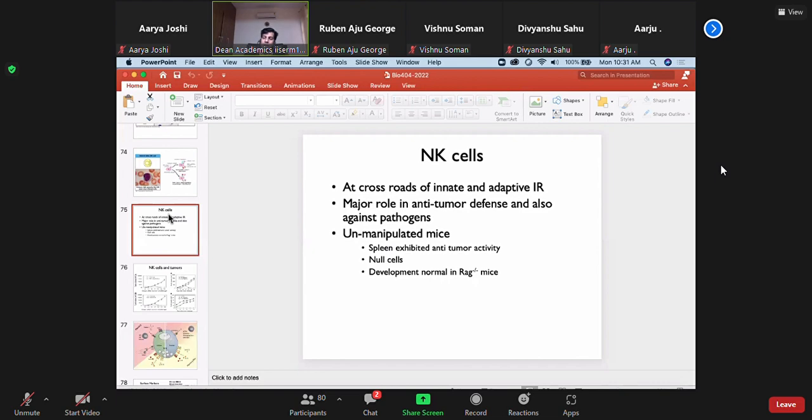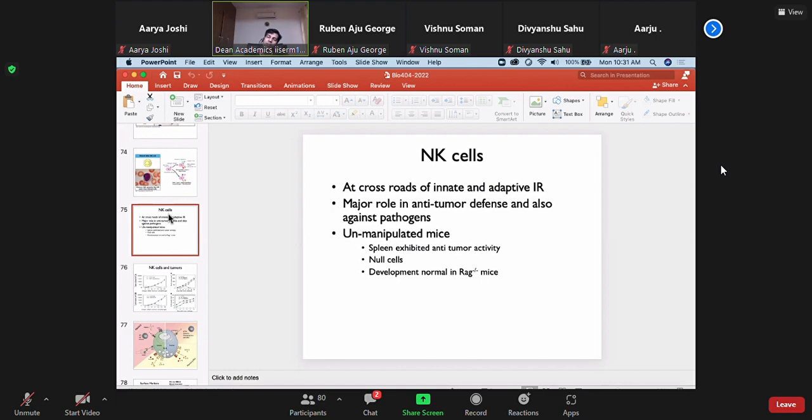And one of the enzymes which is critical for development of your T cells and B cells is RAG, recombination activation gene product. This is called RAG recombinase. Even if you eliminate this gene product from animals, that activity was still present.